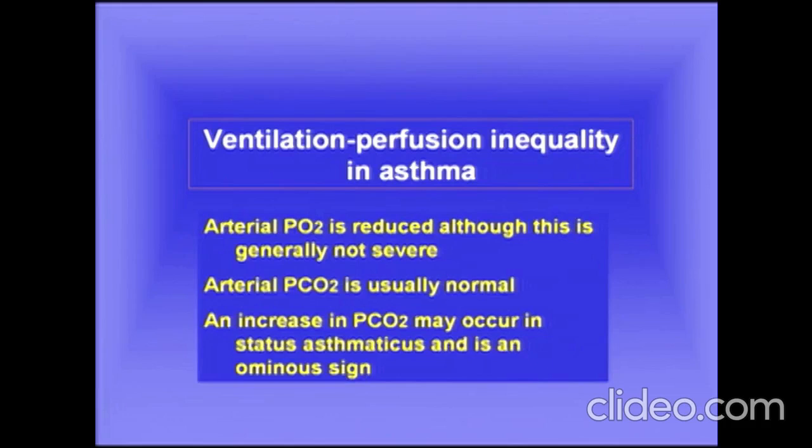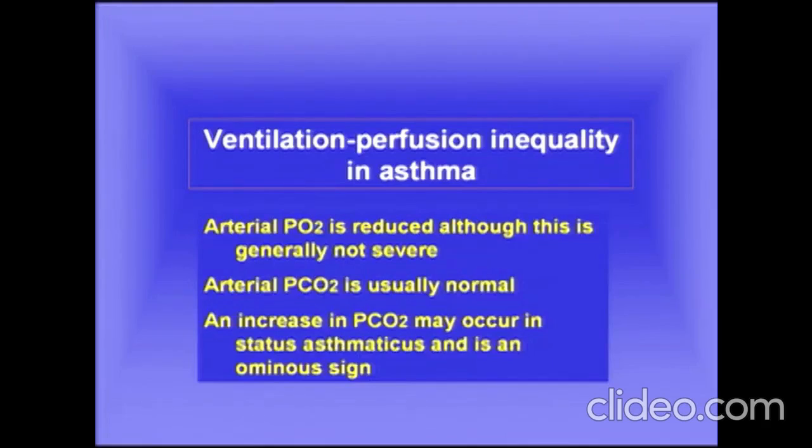You may say, well, why is the arterial PCO2 normal? We know that ventilation perfusion inequality interferes with the transfer of CO2, but as we've said in connection with COPD, many patients with COPD have a normal arterial PCO2, and that's because the body is extremely, quote, reluctant to see the CO2 rise, because then the pH falls, that affects the function of enzymes, affects configuration of proteins, affects the central nervous system.